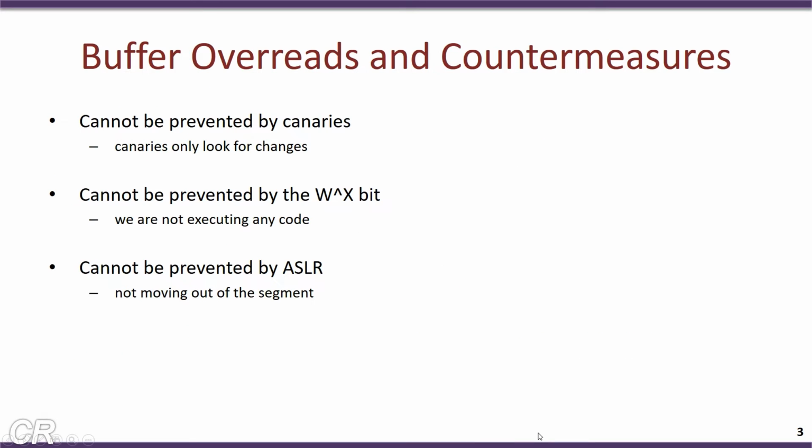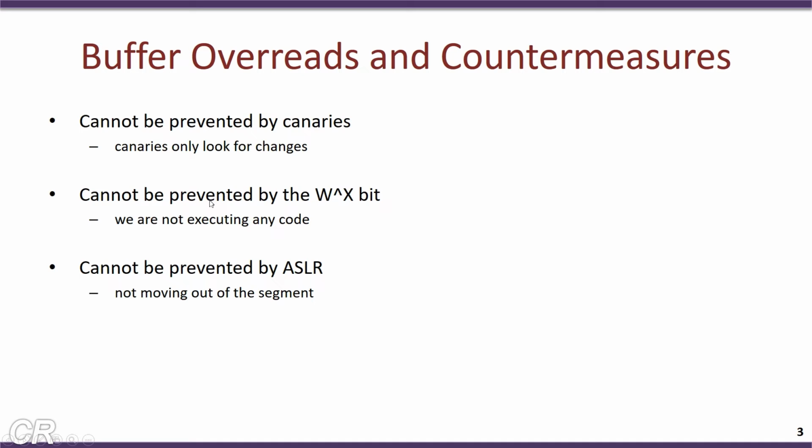Now if we look at the countermeasures that were presented in the earlier lectures, we had studied the use of canaries, the W XOR X bit, as well as ASLR, address space layout randomization. With respect to buffer overreads, what we see is that the canaries and the W XOR X bit will not work to prevent buffer overreads.